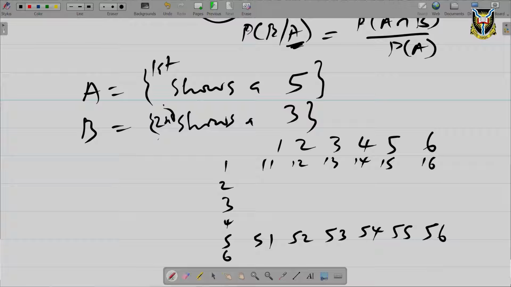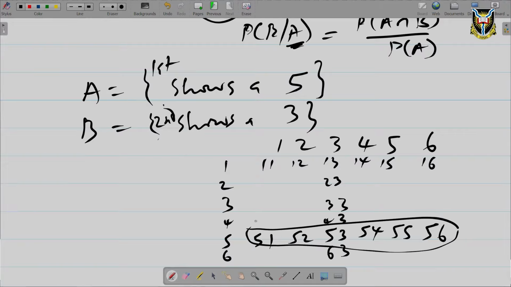Then the second shows a 3: 1,3; 2,3; 3,3; 4,3; 5,3; 6,3. So the first showing a 5 is here, and the second showing a 3 is here. Both of them have 6 elements listed.